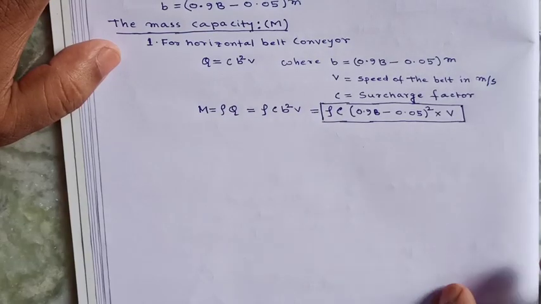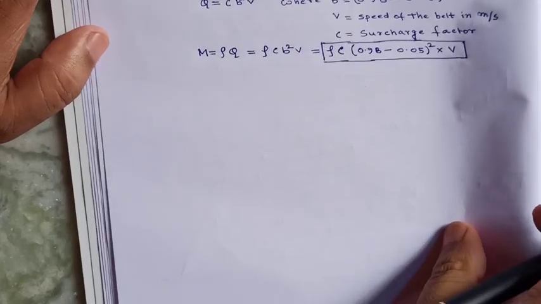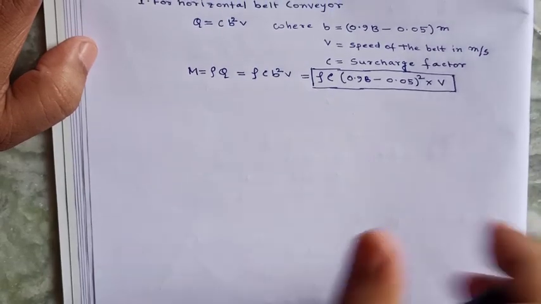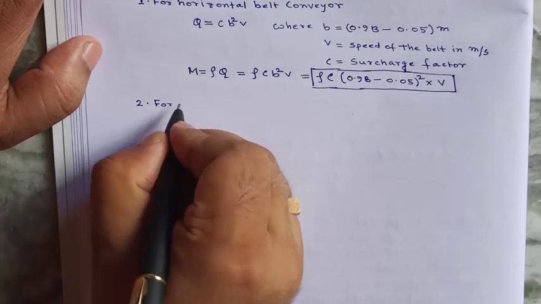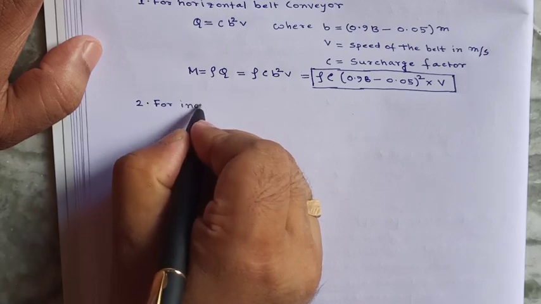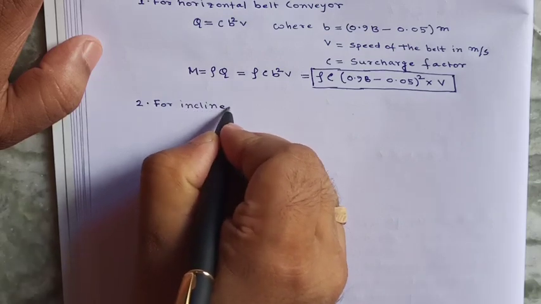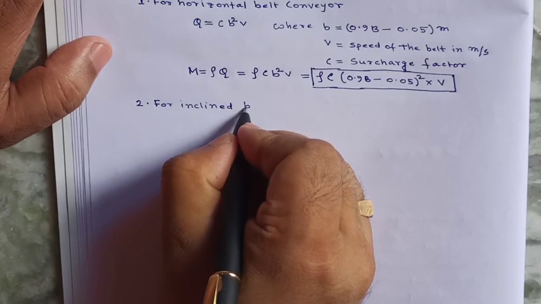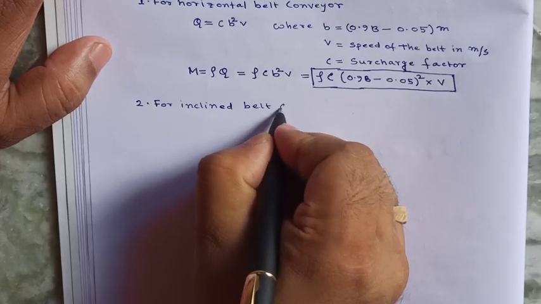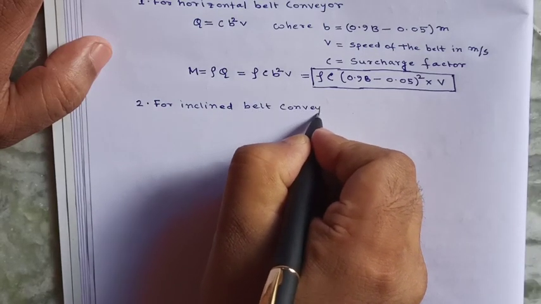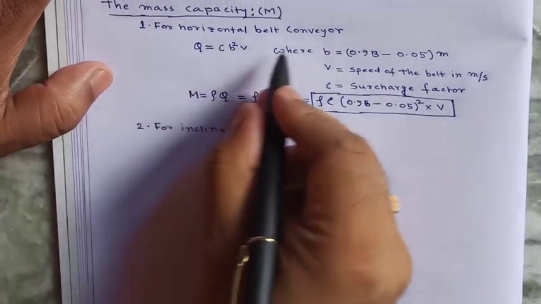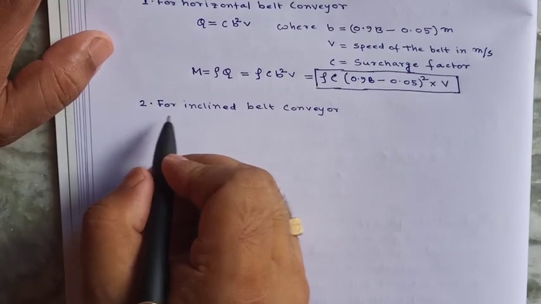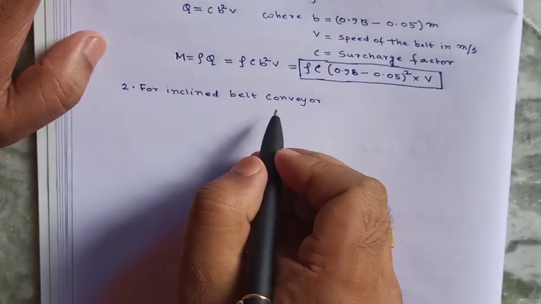Mass capacity of the conveyor. Now, for incline belt conveyor, I have discussed for horizontal belt conveyor. Now I am discussing the incline belt conveyor.